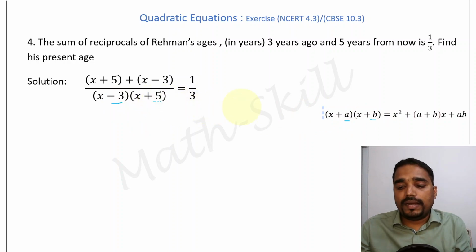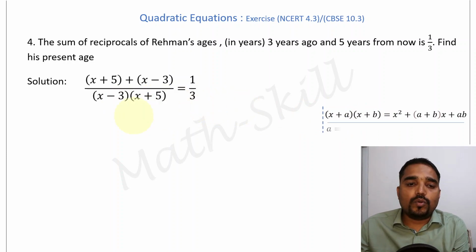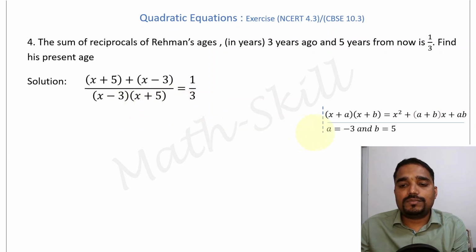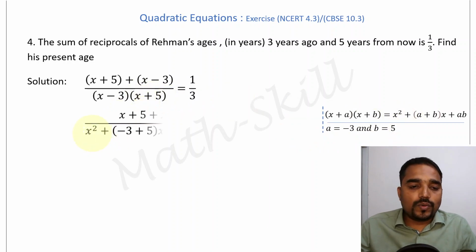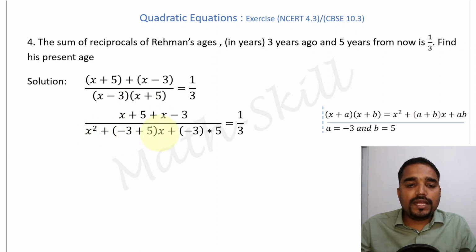Therefore, on comparing, we see that a is equal to minus 3 and b is equal to plus 5. Now, let us substitute in the RHS of the formula. That is, the denominator would be x square plus a plus b into x plus a into b, that is x square plus minus 3 plus 5 into x plus minus 3 into 5.